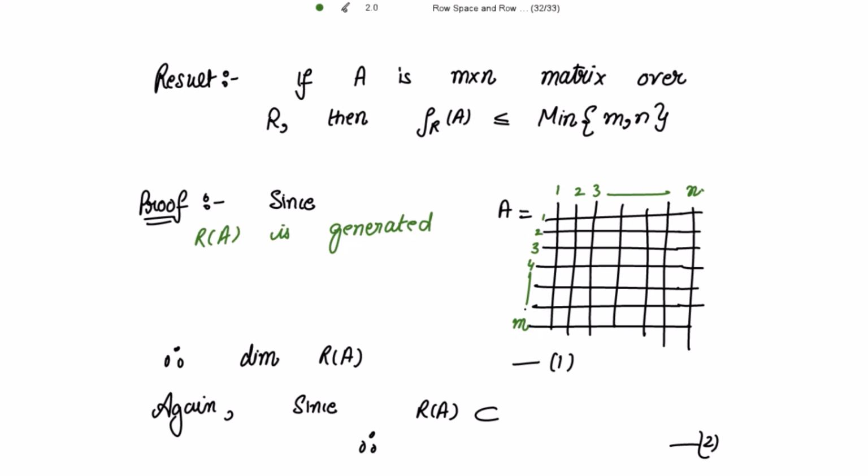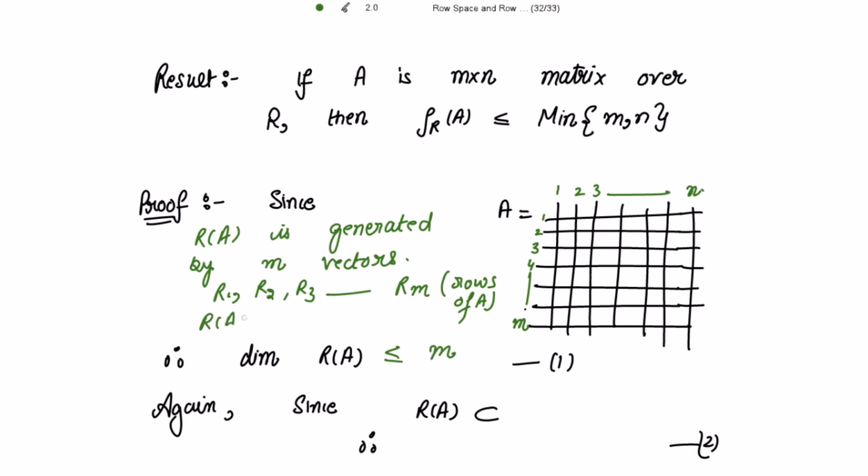So the rows are denoted as vectors. So R(A) is generated by m vectors R1, R2, R3 up to Rm, which are the rows of A. Therefore the dimension of the row space of A is less than or equal to m, right? Please mark this as 1.